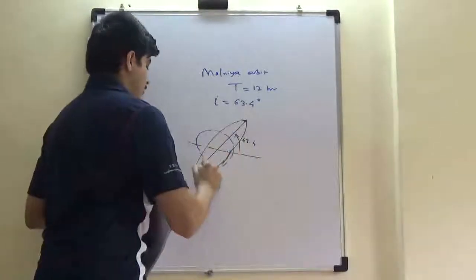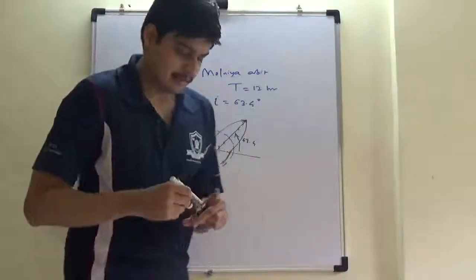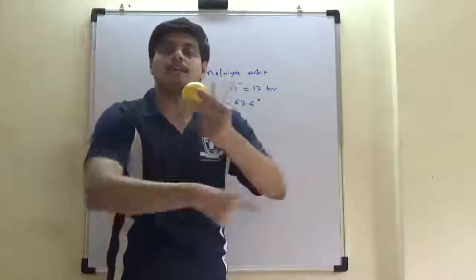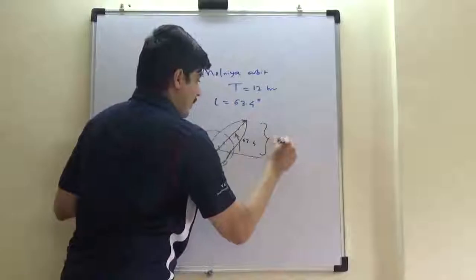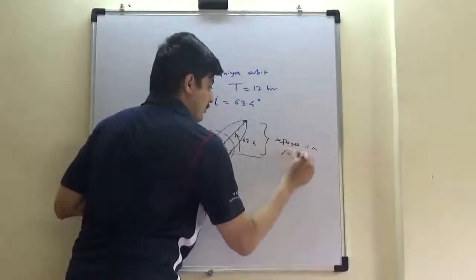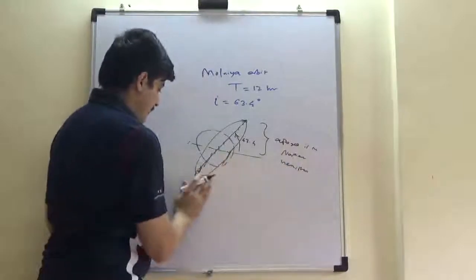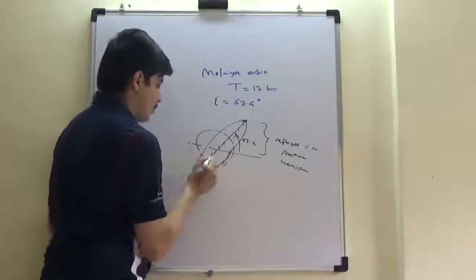Right? This is the plane. You see this? So they are, with respect to this, at 63.4 degrees, like this. But the most important point is, apogee is in the northern hemisphere and perigee is in the southern hemisphere, very close.